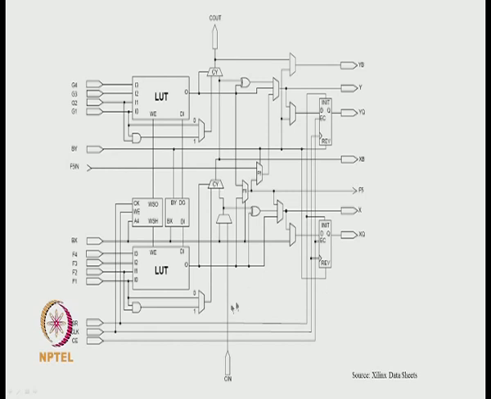Now you can see the other function, AI exclusive-OR BI, is going to the select line of the CY mux, and you see that CI plus 1 is nothing but CI if it is 1. If it is 0, you see the AI or BI is coming as an input. So this is the carry logic which is implemented.